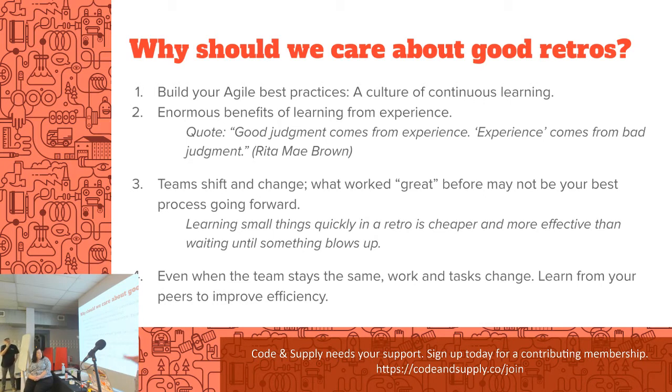There's no rule that says your Agile process has to be Scrum. There's no rule that says your Agile process has to include retrospectives. But people like doing Scrum, people like doing retrospectives, and there are reasons for choosing those and including them as part of your process. We really want to learn from our experiences. And not only learn from our experiences, but make sure that that learning sticks around even as the team composition changes.